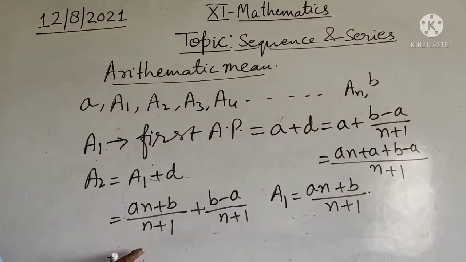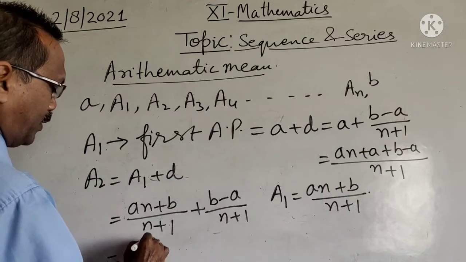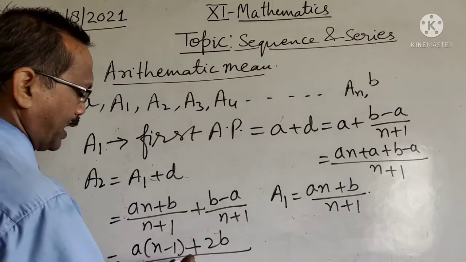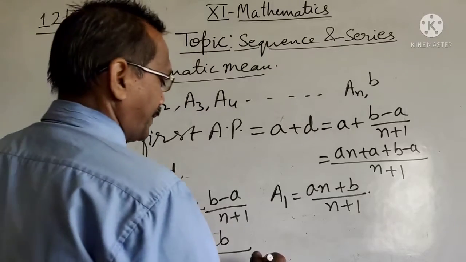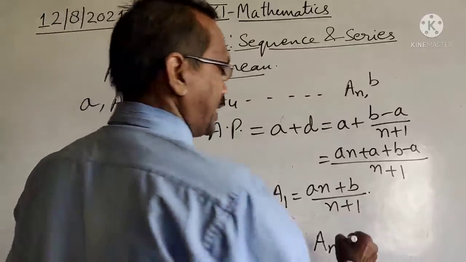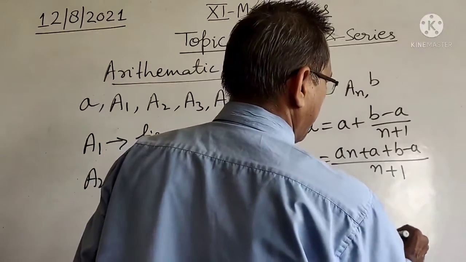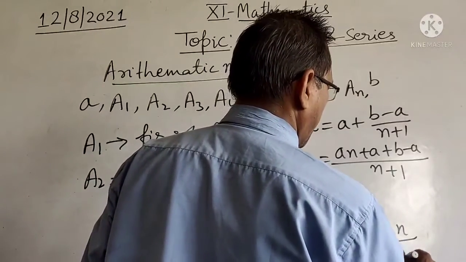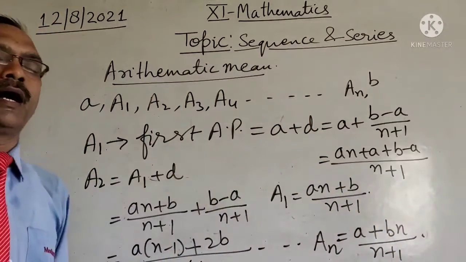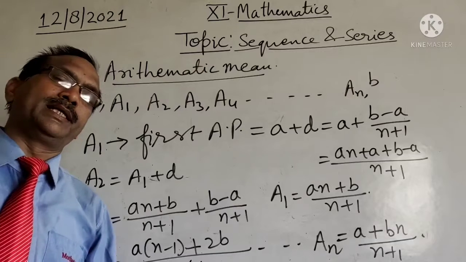After simplifying, we will get (A into (n minus 1) plus 2B) upon (n plus 1) and so on. Similarly, we can find An, that is (A plus Bn) upon (n plus 1). So these are the n arithmetic means.